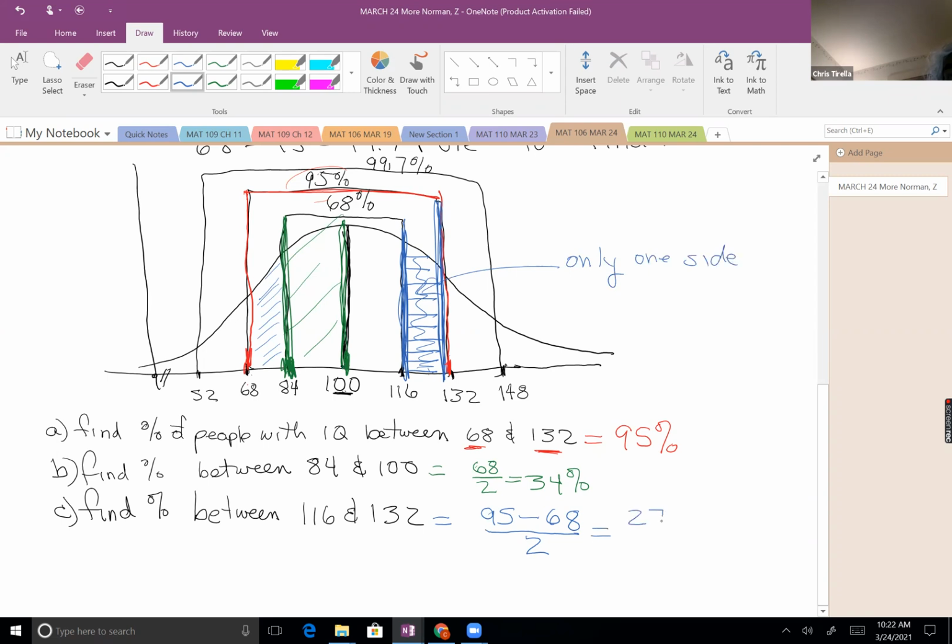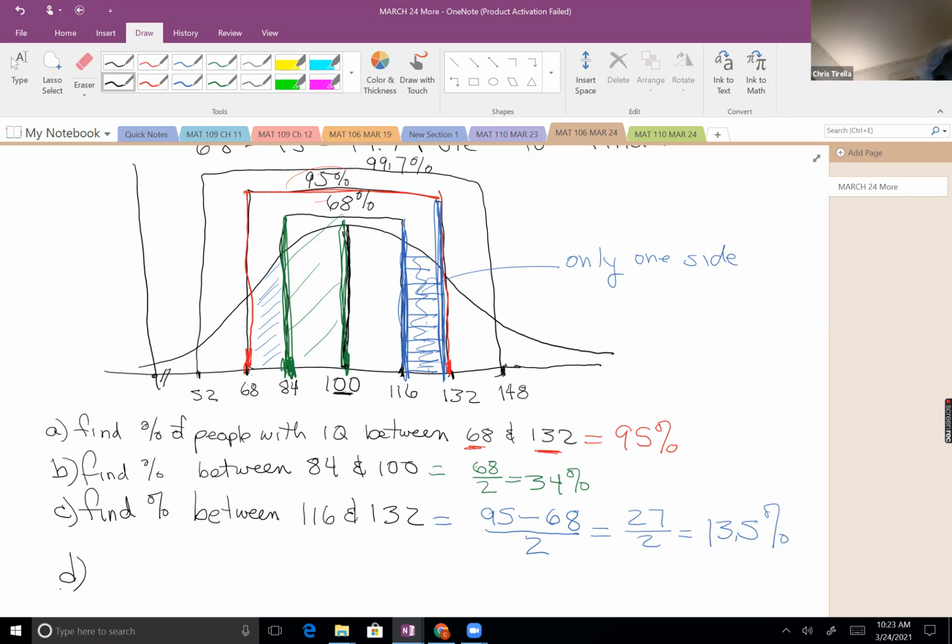So that'll give me 27 over 2, or 13.5%. And so if I've got two different boundaries, I'm going to subtract the percents affiliated with them. And if I'm only looking at one side of the curve, I'm going to divide it by 2. That one all right?